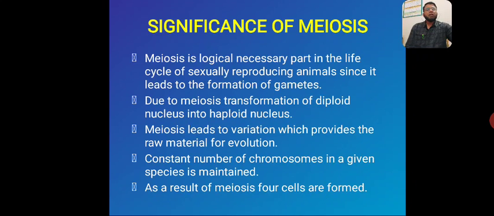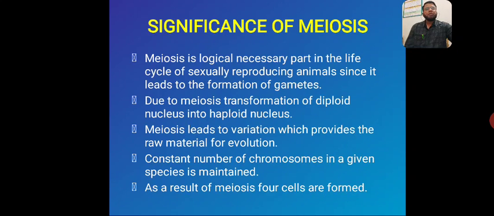Meiosis is a logically necessary part of the life cycle of sexually reproducing animals, since it leads to the formation of gametes. So the formation of sex cells takes place from meiosis, and due to meiosis a diploid nucleus is transformed into a haploid nucleus.